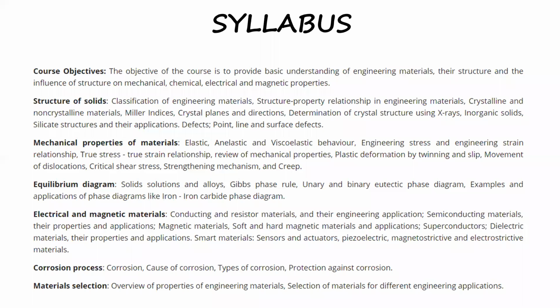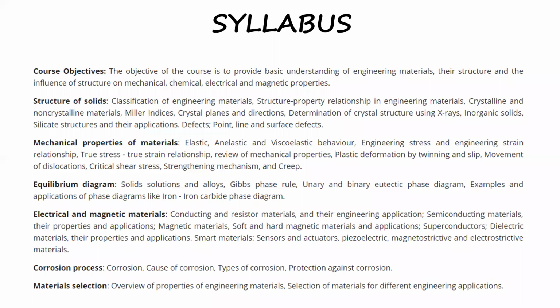So I repeat, throughout this course, we will keep coming back to the idea of correlating structure with the property of the material. So the primary objective of this course is to make a correlation between the structure of the material and the property of the material.